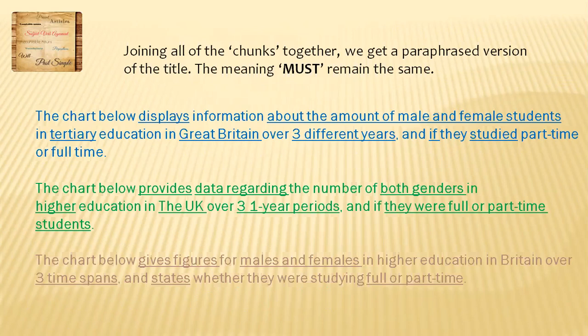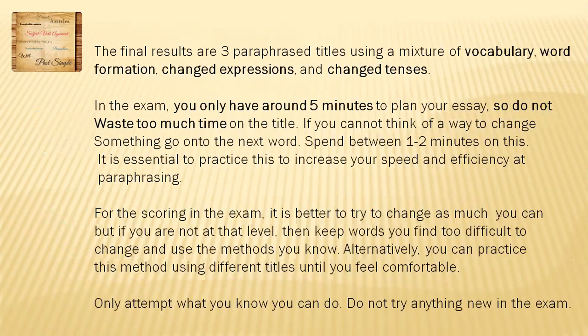So all of those 3 sentences have exactly the same meaning, but as you can see, they're all different. Okay. So the final results are 3 paraphrased titles using a mixture of vocabulary, word formation, changed expressions, and changed tenses.